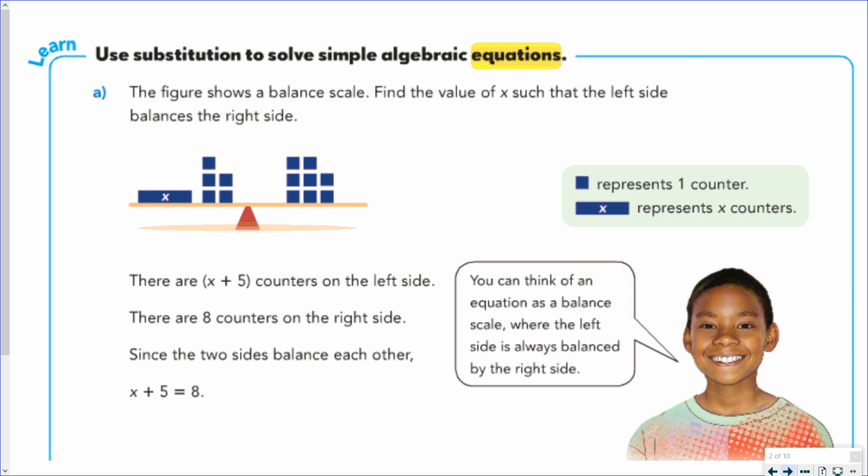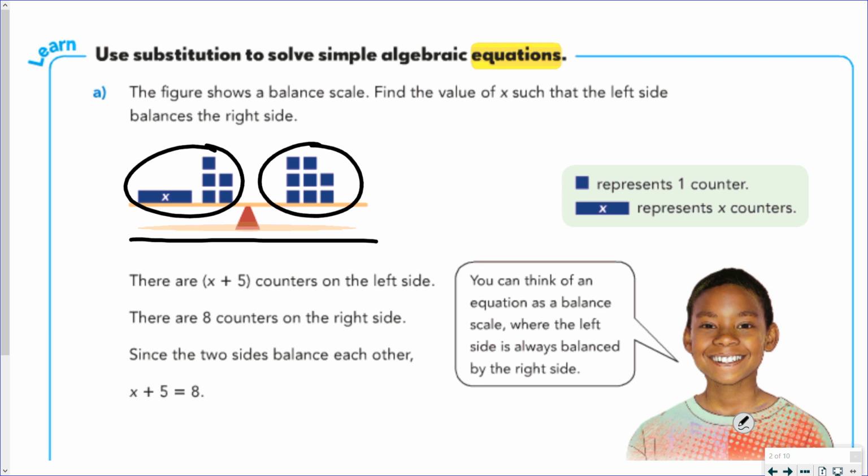And for the balancing, you look at what resembles a seesaw or a teeter-totter right here, where you've got one side of your equation here and the other side of your equation right there. And you utilize those to help you solve your equations.